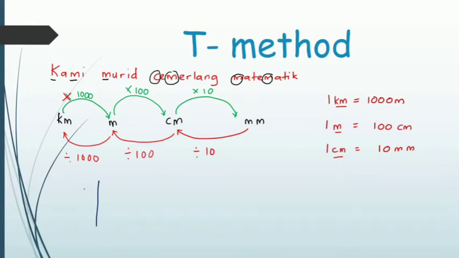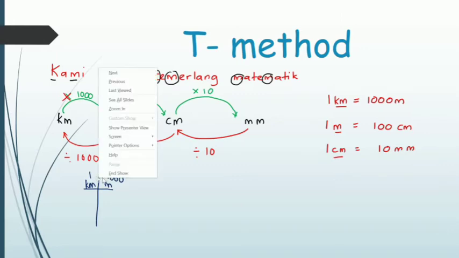Okay, now class, this is the T method. First we need to write the biggest unit, followed by the smallest unit: kilometer, meter. Then you need to complete this T with 1 kilometer is equal to 1000 meter. The center line is also known as the decimal point.